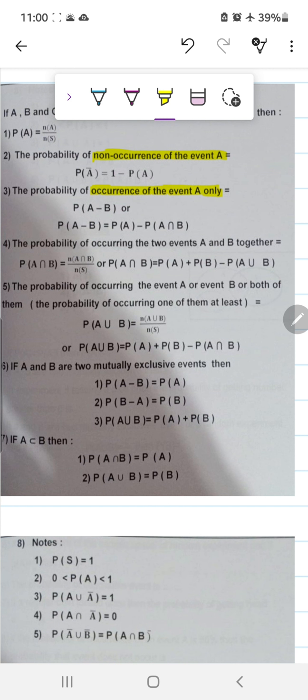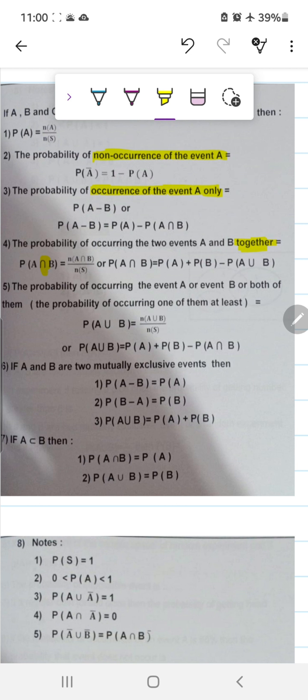The probability of occurrence of the two events A and B together means the intersection. Here, the intersection equals probability of A plus probability of B minus the union. And if we want to get the union, we said probability of A plus B minus the intersection.